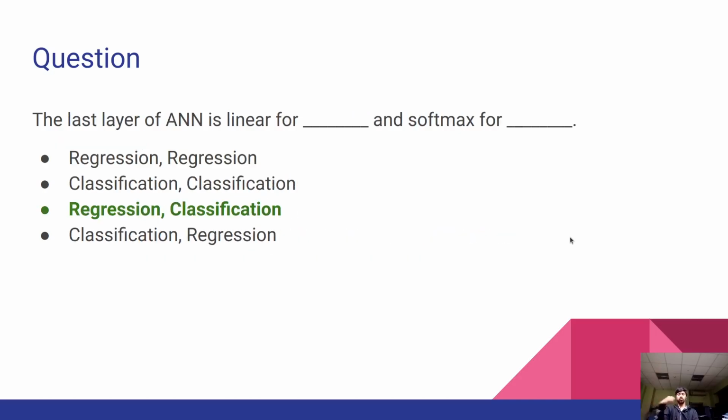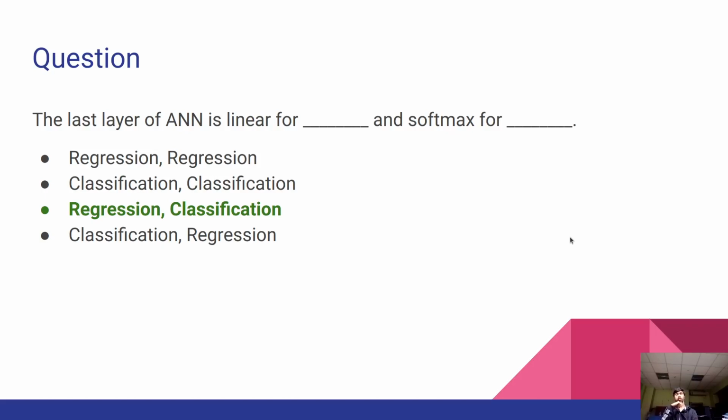Sir, even sigmoid we can use for classification, right? Sigmoid gives a value between 0 and 1, so we can use it for binary classification, but not for multiple classes. Suppose you have 3 classes, say cat, dog and human. In that case you cannot really use sigmoid.